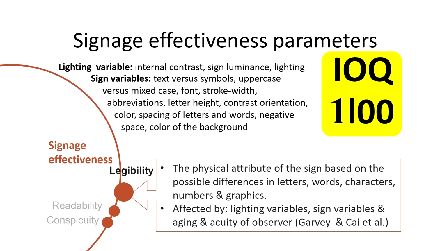Lighting variables include internal contrast, sign luminance, and lighting, whereas the sign variables include text versus symbols, upper and mixed case fonts, stroke width, abbreviations, letter height, contrast, color, spacing of letters and words, negative spaces, and color and background. I would like to give you one good example of how legibility is affected.